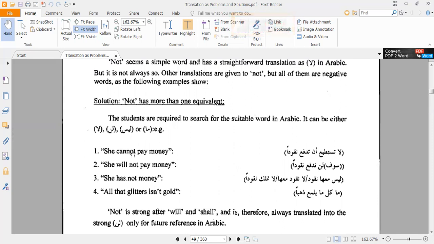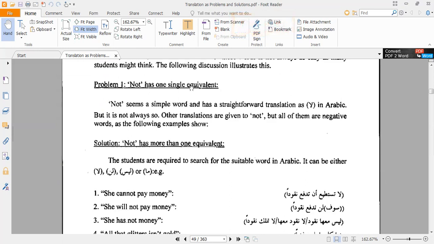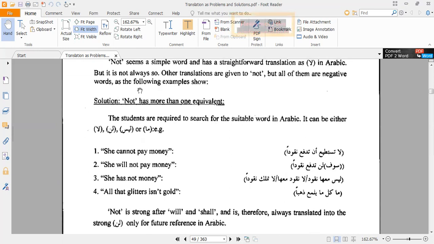In all of these sentences, not is rendered literally, following the literal translation strategy. Not is rendered only as la in Arabic, but actually not has four negation particles in Arabic, which are ma, laysa, lan, la. These four negation particles are equivalent to one single particle in English, which is not.